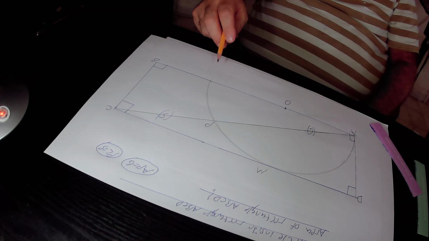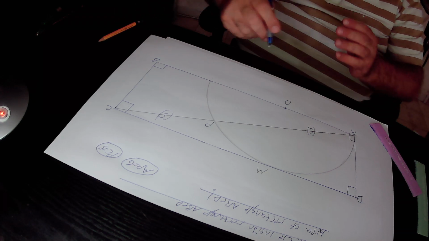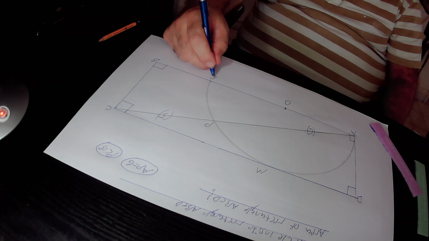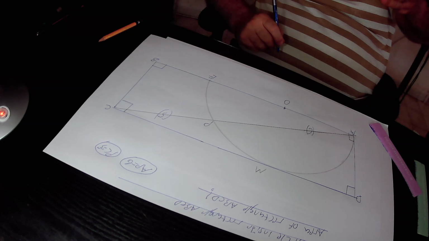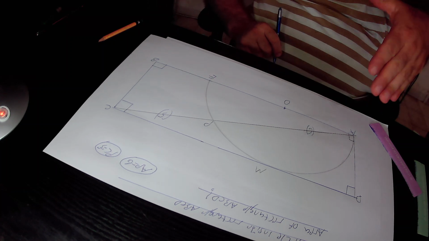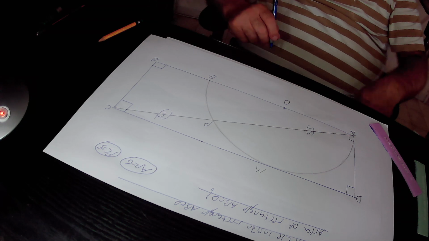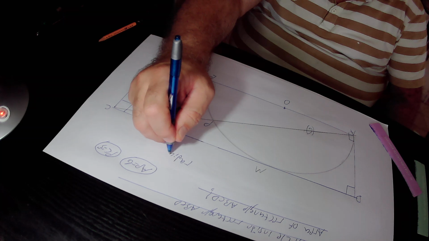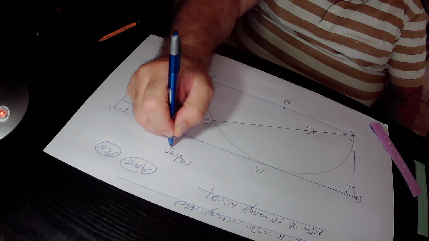This point is point E. We will define the radius of this semicircle as x. So the radius of this semicircle is equal to x units according to our definition.